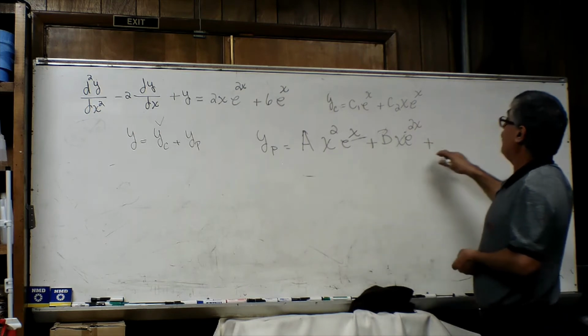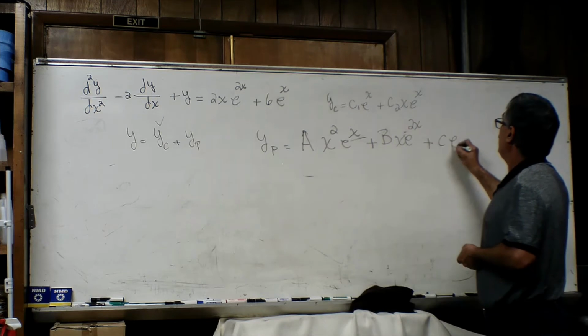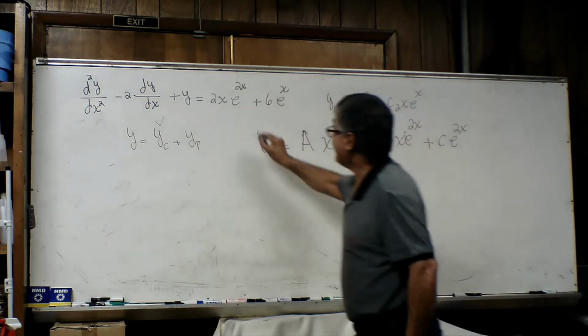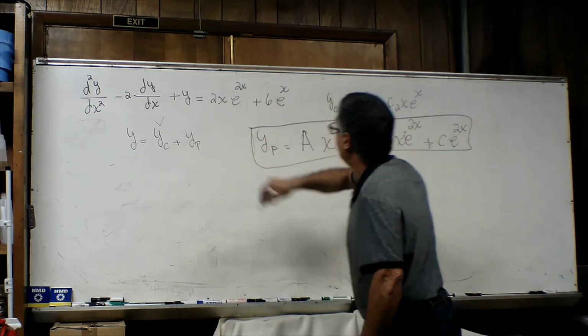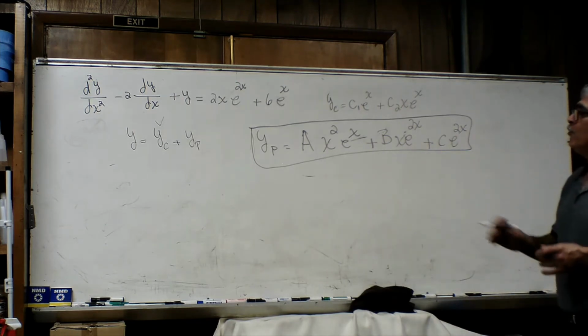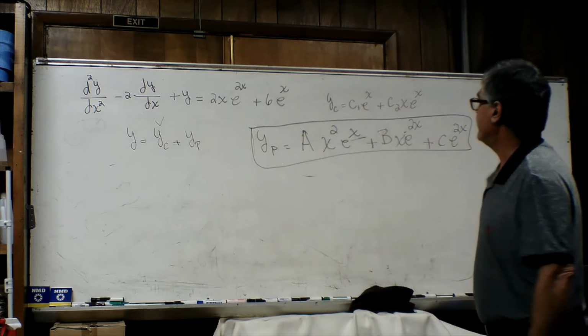So the third part must be c e to power 2x. So this is what we have to assume as a particular solution in order for us to solve that.